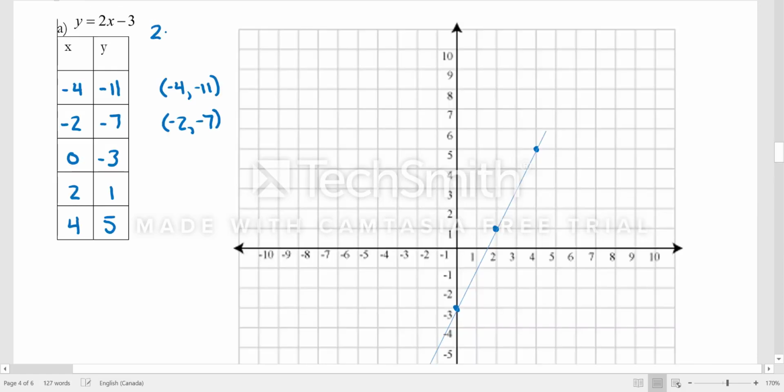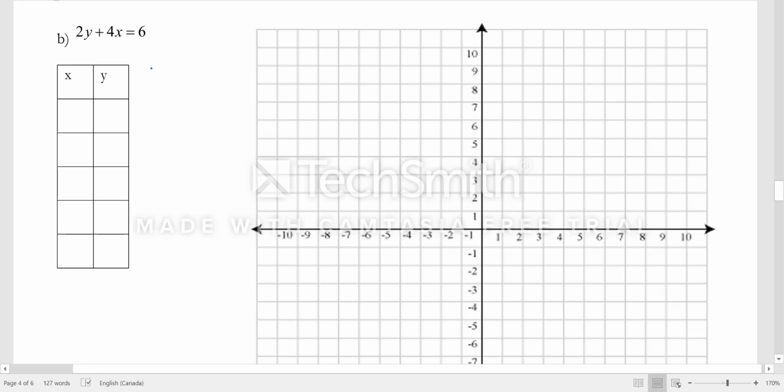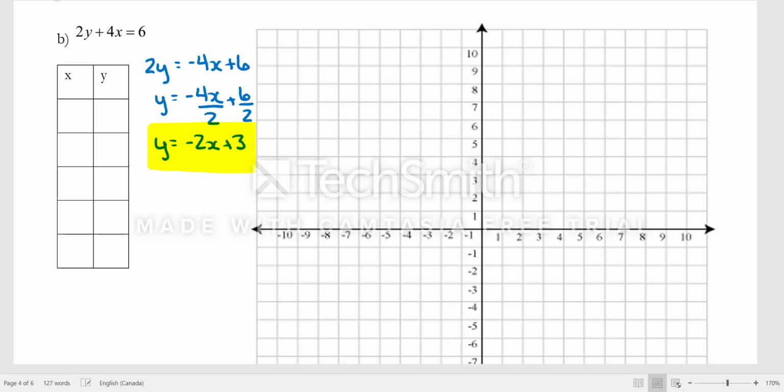So you're going to have 2y equals negative 4x plus 6, or y equals negative 4x over 2 plus 6 over 2, or y equals negative 2x plus 3. Okay, so once we get our y all by itself and everything else simplified on the other side of the equal sign, we can start choosing values to substitute in.